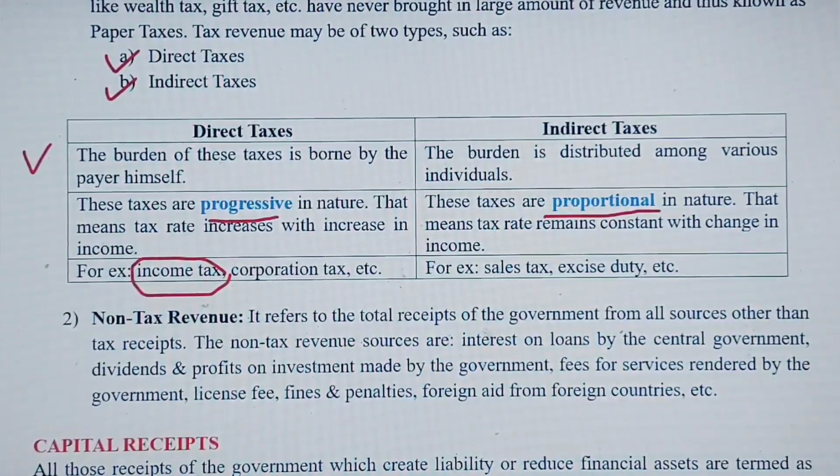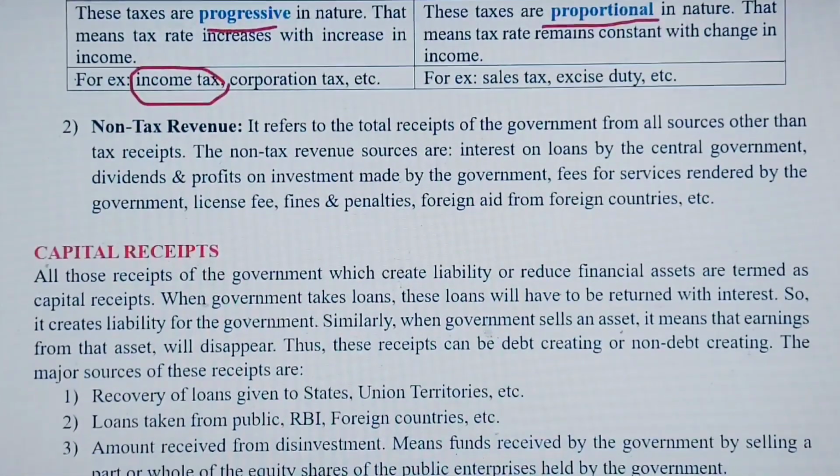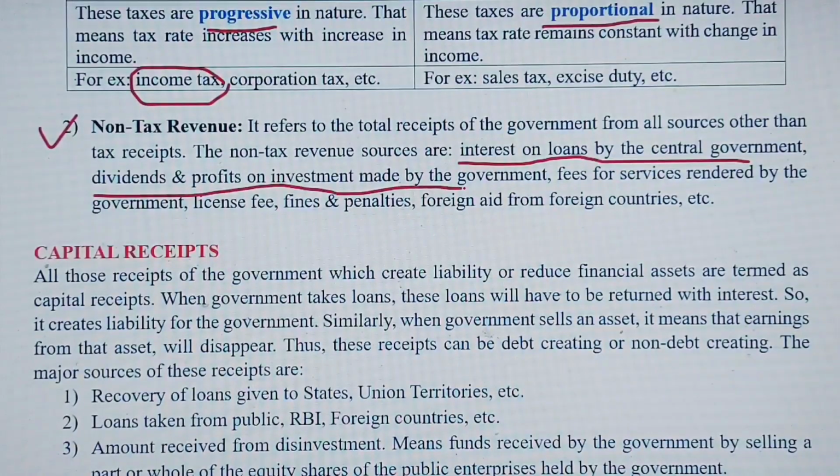Now let's move on to non-tax revenue. There are some sources which are non-tax revenue. It refers to the total receipts of the government from all sources other than tax receipts. Non-tax revenue sources include interest on loans by the central government, dividends and profits on the investments made by the government, fees for services rendered by the government, license fees, fines, penalties, and foreign aid.